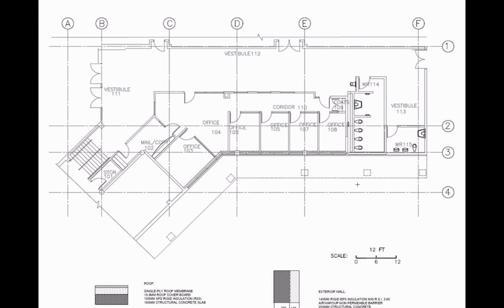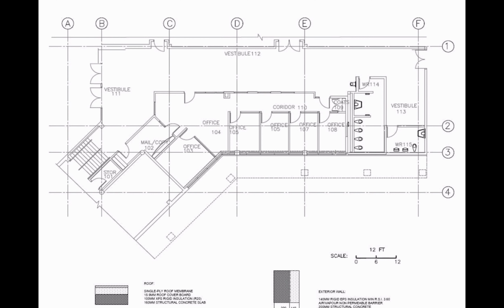The occupied areas, all the offices and the vestibule, will be served by a central air handling unit that will provide cooling and dehumidification during the summertime and humidification during the wintertime. To compensate for the heat losses through the building envelope, we will install perimeter heating units along the exterior walls.